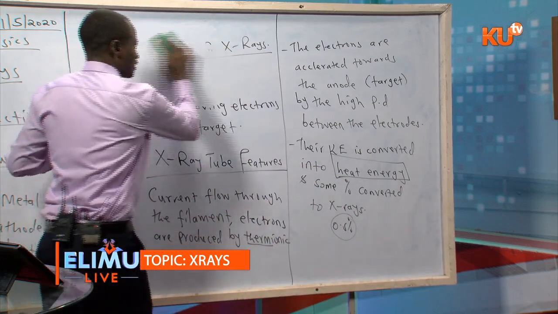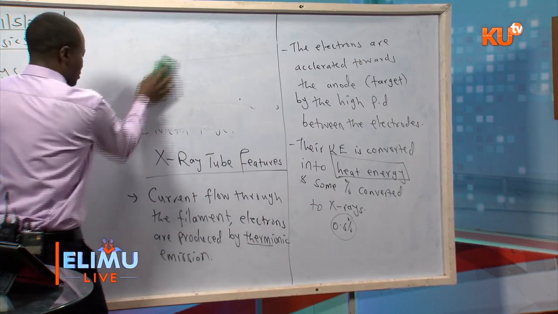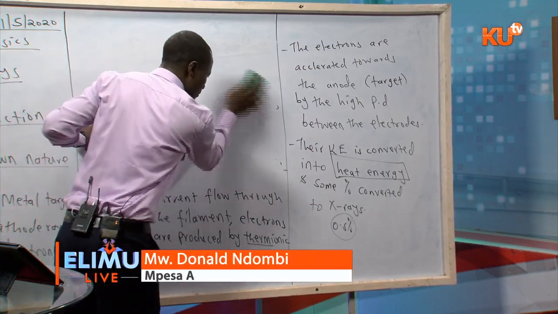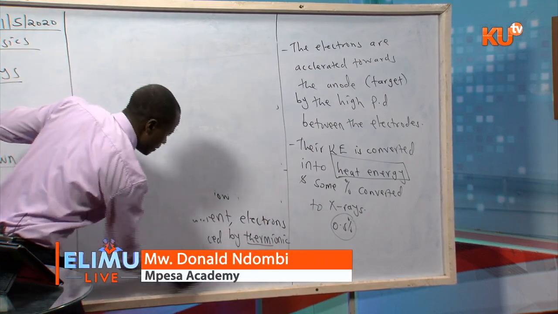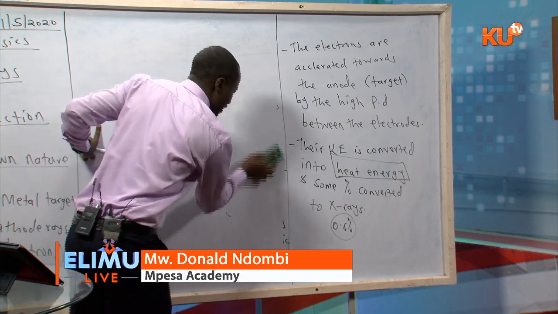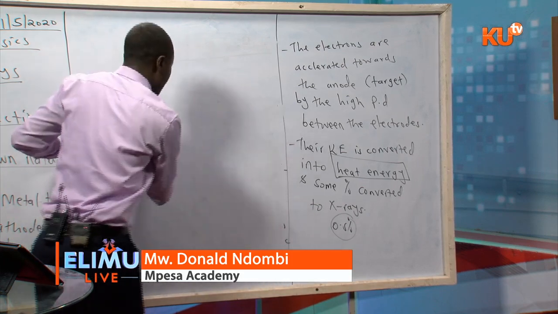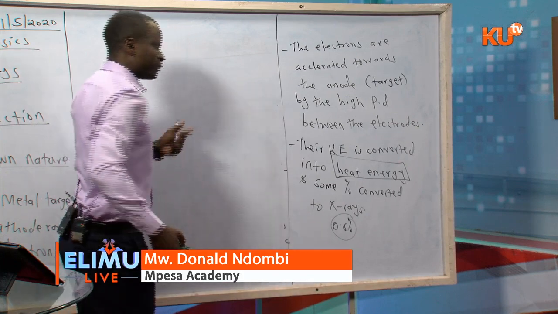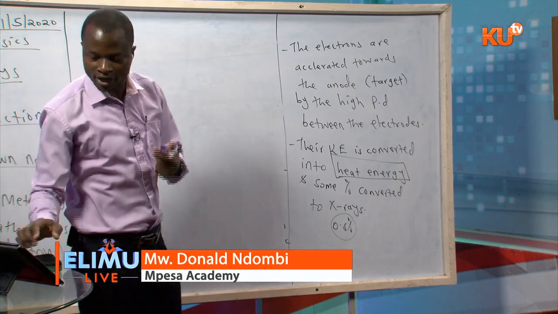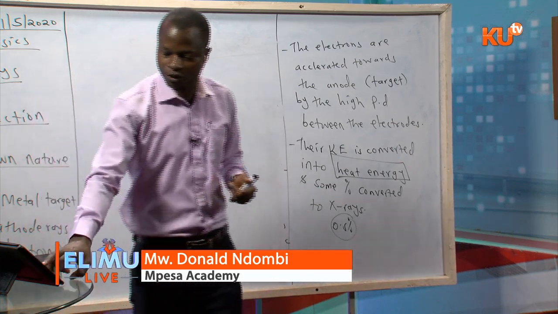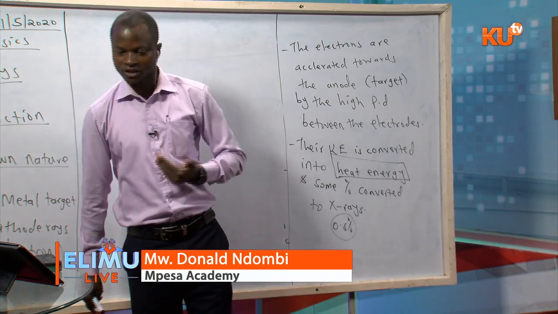If you're asked briefly, this is about 3 or 4 marks in a Paper 2, Section 1. It can also be in Section 2. Some part of the question will say explain the production of X-rays in the X-ray tube.